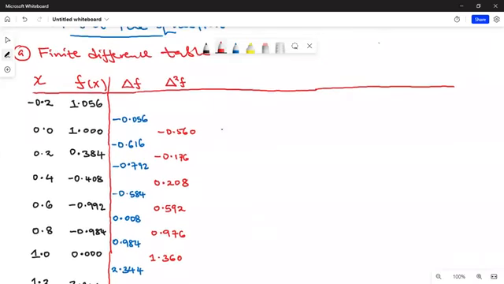Let's proceed to the third order difference column. So write here delta cubed operating on f. Again, we subtract as usual. Negative 0.176 minus negative 0.560 should give us 0.384.